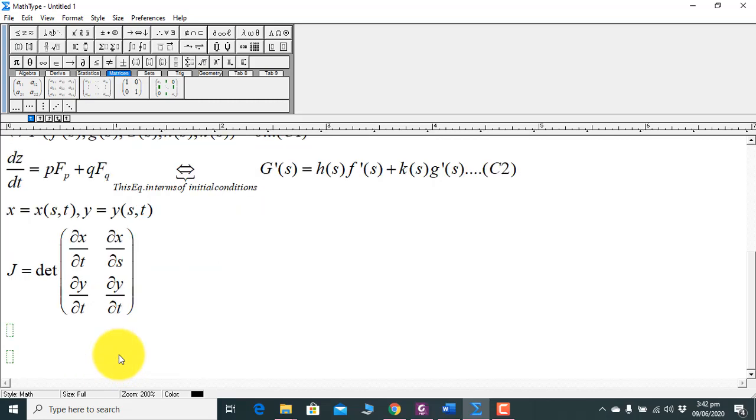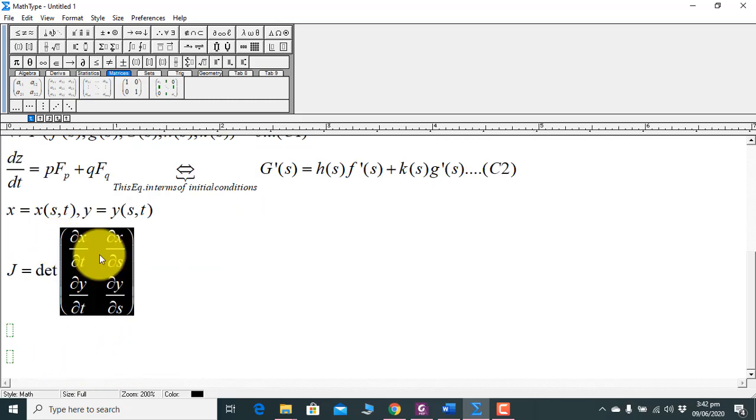The Jacobian is the determinant of this matrix.